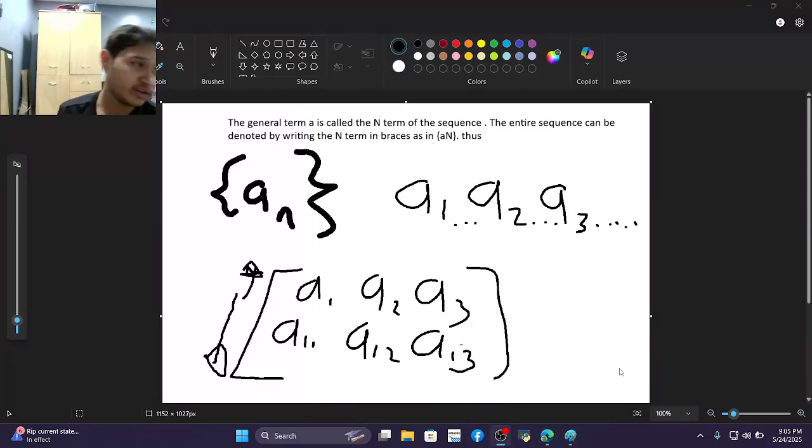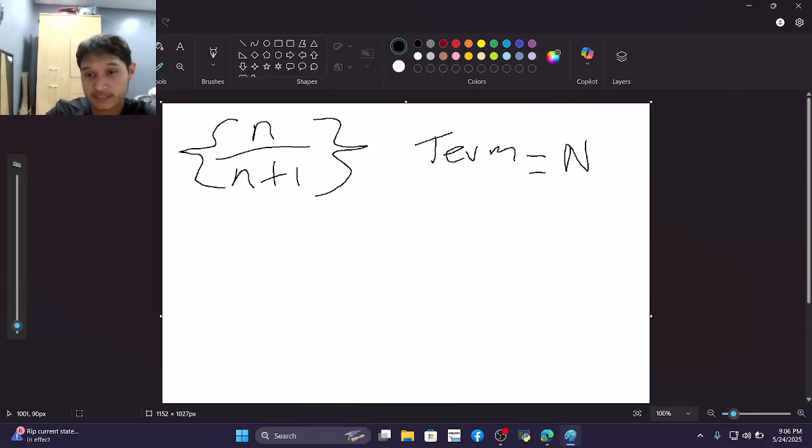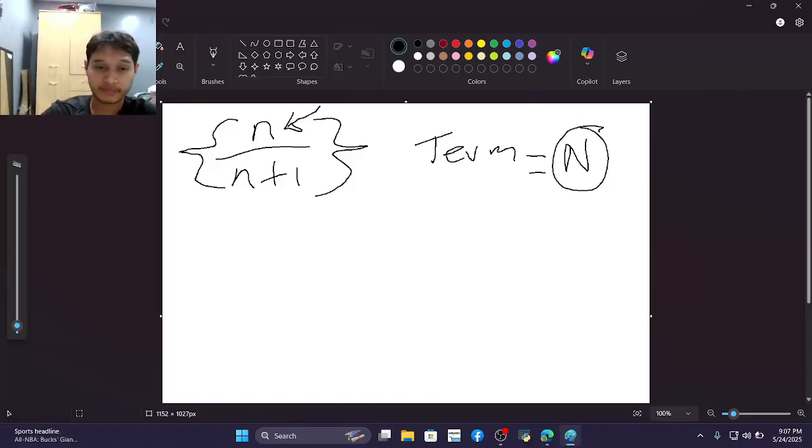So let's review some examples so that we can really understand what we are talking about. Okay, so if they tell us to write the first three terms of the sequence, remember that the term is this letter, right? It is the term n.